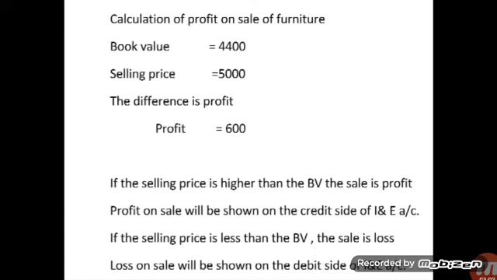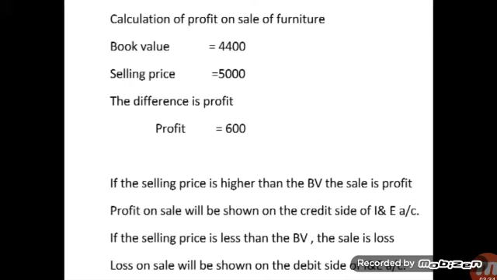Children, in case of loss, how will you record that in the income and expenditure account? If the selling price is less than the book value, the sale is loss. That is, loss on sale of fixed assets will be entered on the debit side of income and expenditure account, because that is a revenue loss.